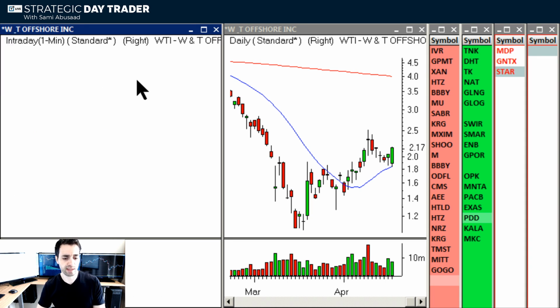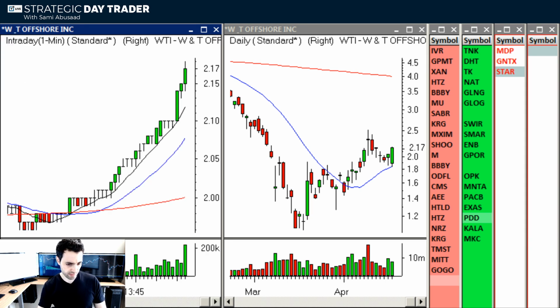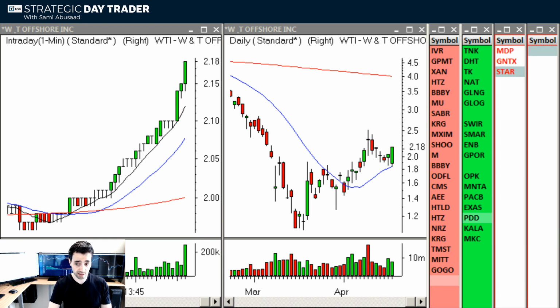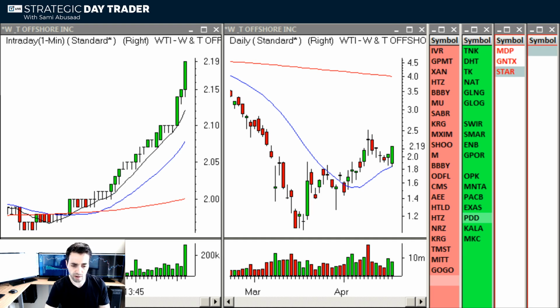I don't see a setup just yet. Nice daily on the WTI. It's a daily buy setup, transitionary buy setup. And watch the IVR, please. Help me watch the IVR. So not yet on the WTI.